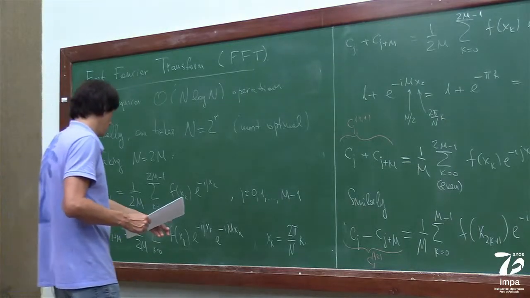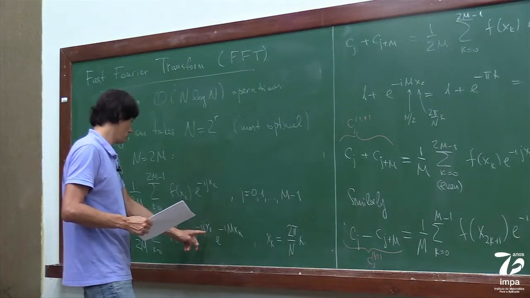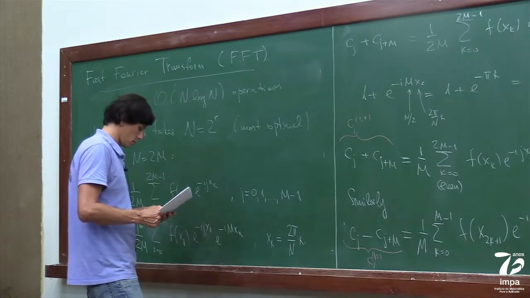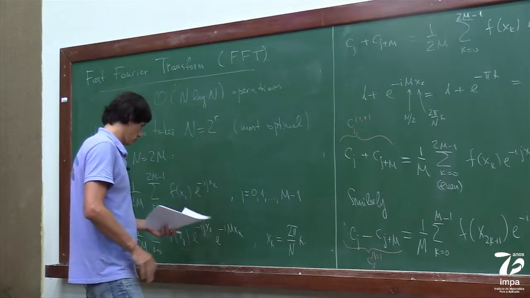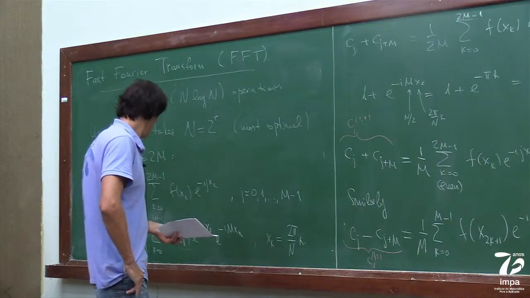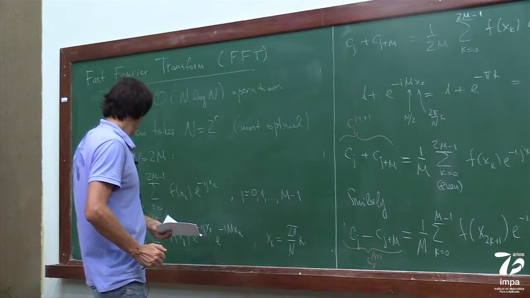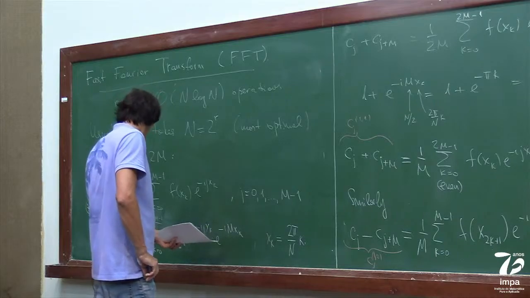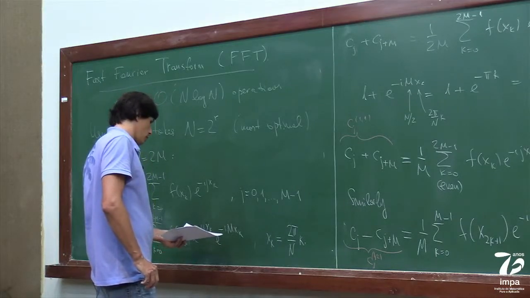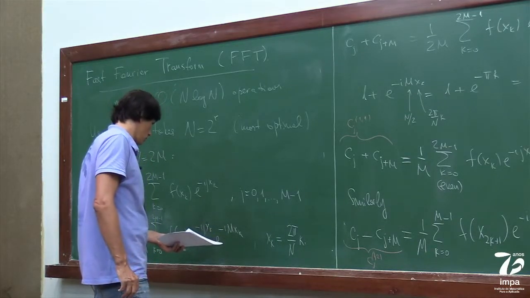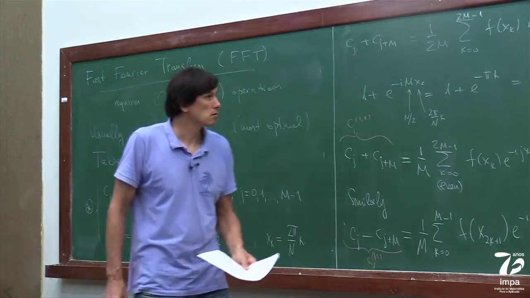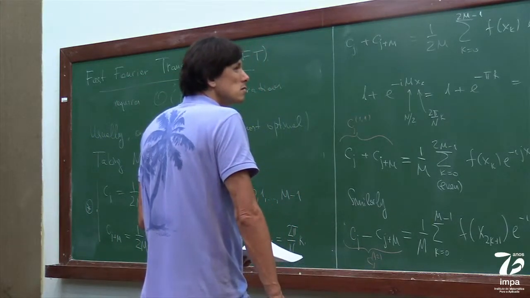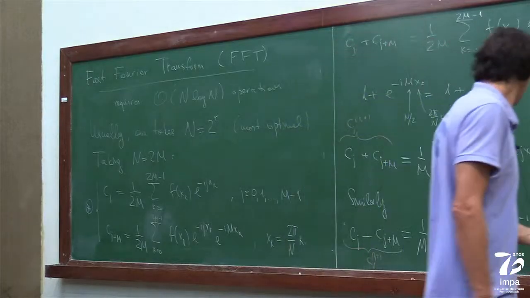So when we had xk, there is plus m, j plus m, xk.